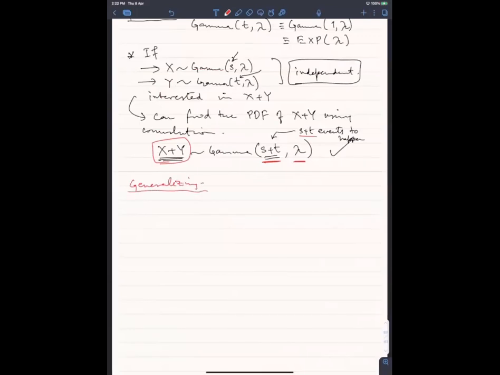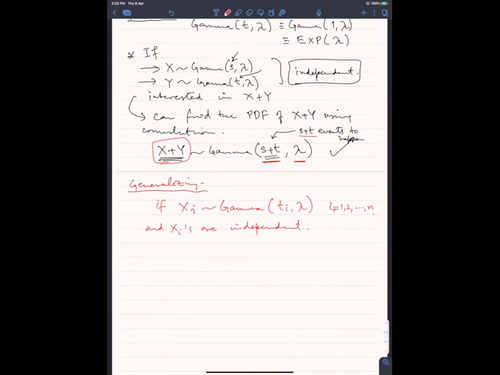If xi is gamma ti and lambda, where i is equal to 1, 2, 3 up to n, and all xi's are independent. पहले दो को अगर ऐड करें तो वो t1 plus t2 आ जाएगा. फिर एक तीसरा भी ऐड कर दें तो वो t1 plus t2 plus t3 आ जाएगा.